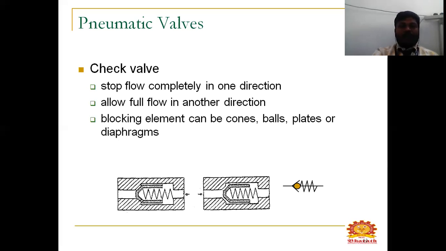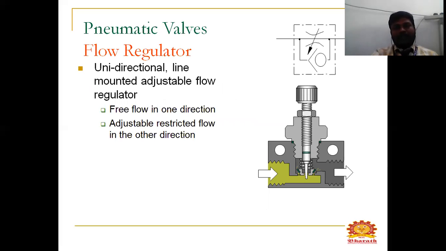And next, the blocking element can be a cone, balls, plates or a diaphragm. You can change the blocking element in your check valve. And this is a pressure regulator, a unidirectional line-mounted adjustable flow regulator, because you can adjust the flow.